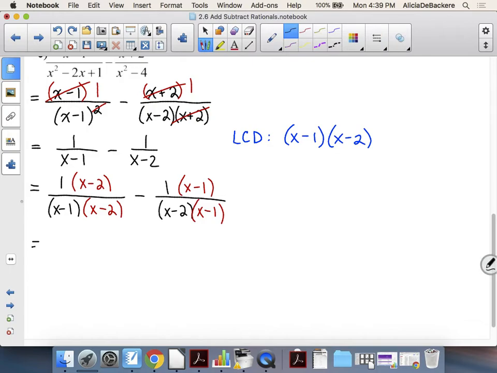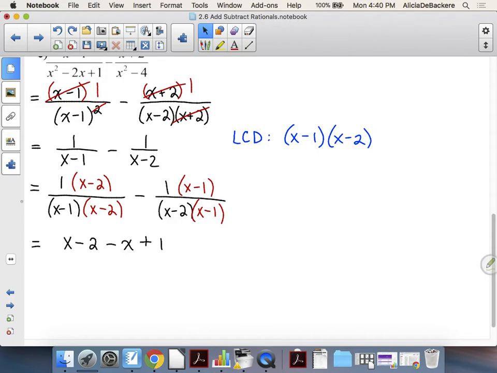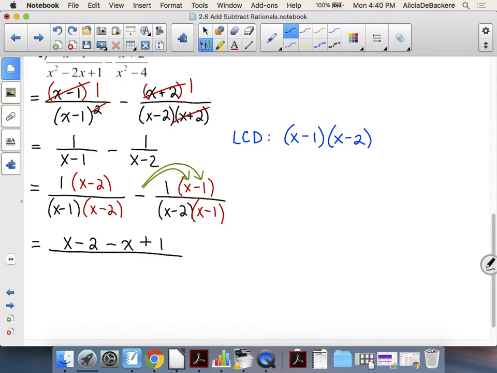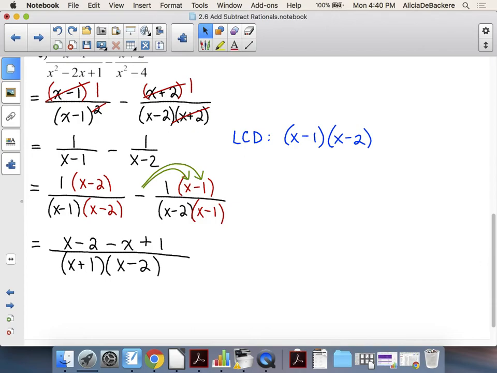And then I'm just going to subtract these fractions. So in the first numerator, I had x minus 2, and then I'm subtracting 1 times everything in that bracket. So subtract x and add 1. Be careful that you take that subtraction through to both of those terms. My common denominator is still the same.